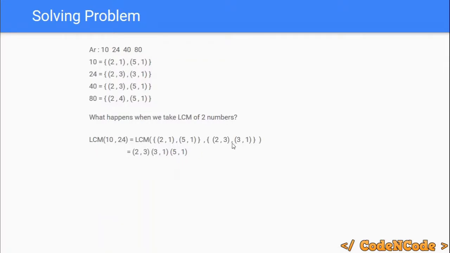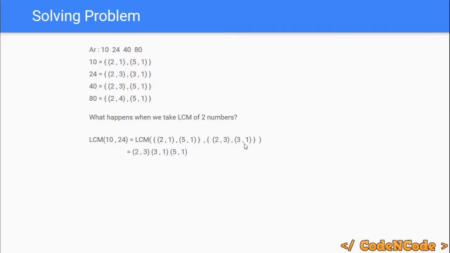And if there exists a prime in one number which is absent in the second number, then the whole prime power would be copied directly. Like if here it was 5 raised to the power 3, but as we can see in 24 there is no 5 in the prime factorization, so 5 raised to the power 3 will be copied directly. So if any prime is common, then we write it down with the highest power. So 2 raised to the power 3 is written.